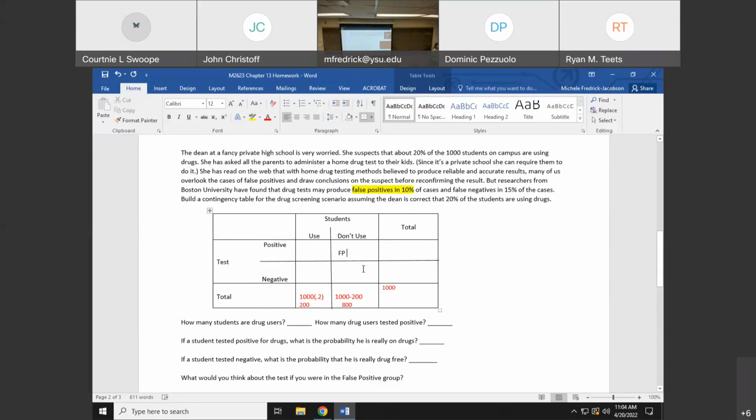10% of the ones that don't, because remember, when you have false positives, you use the total below. So it's 10% of the 800. So did you get 80? So now that we have this, can we find the one below it?